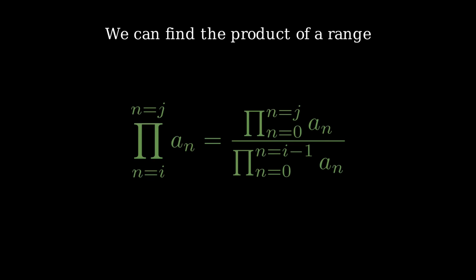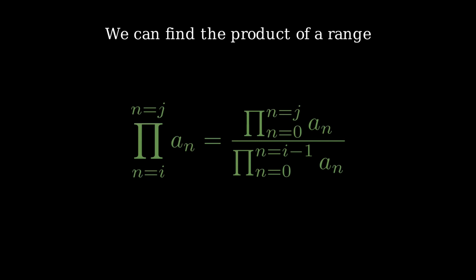So this pi symbol here replaces the sigma symbol in addition, and it stands for the product of an from n equals I to j. And this will be equal to the product from 0 to j of an divided by the product from 0 to I minus 1 of an.